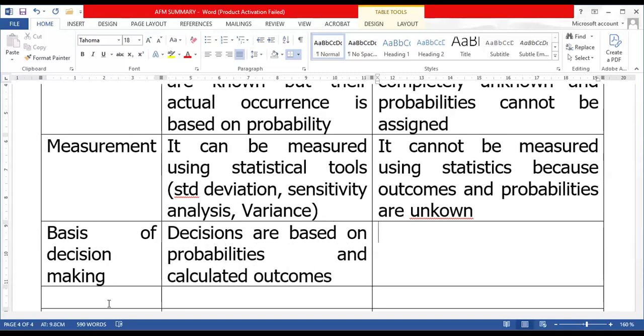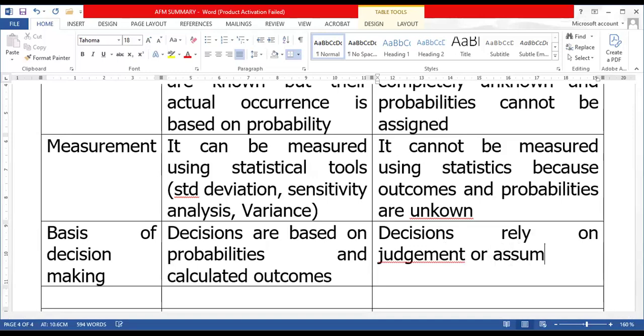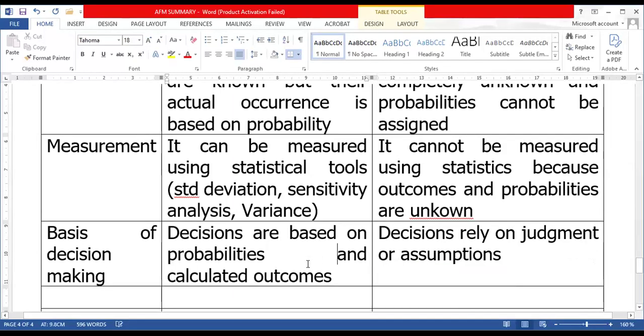But when it comes to uncertainty, it's something which is judgmental. Decisions rely on judgment or assumptions. You cannot really base them on the calculated outcomes.